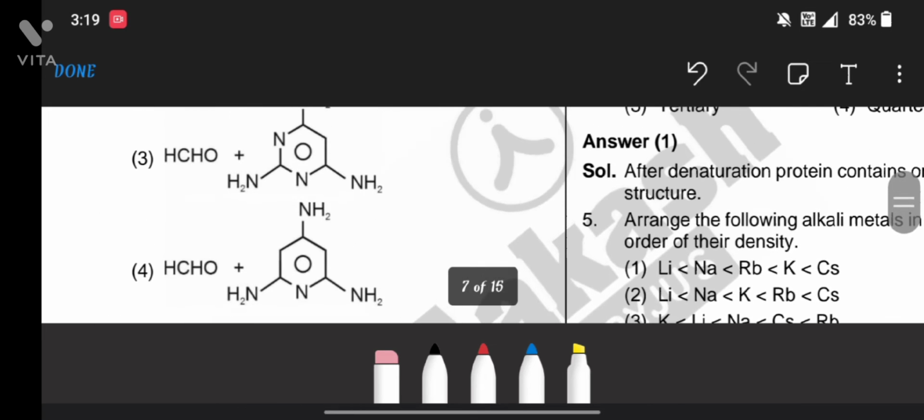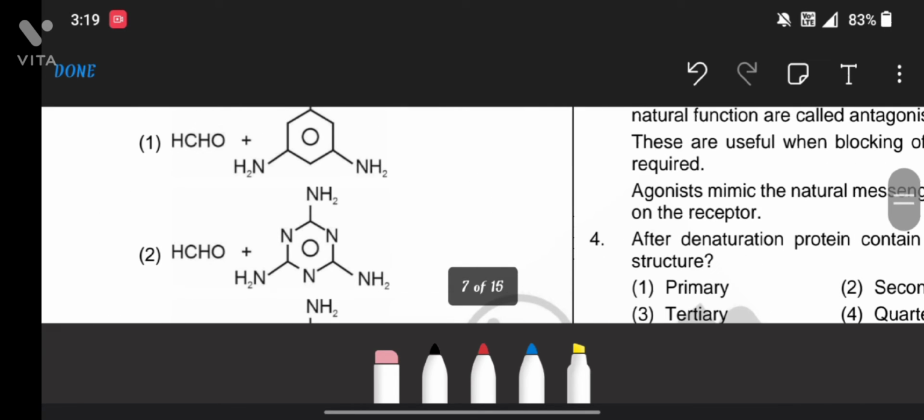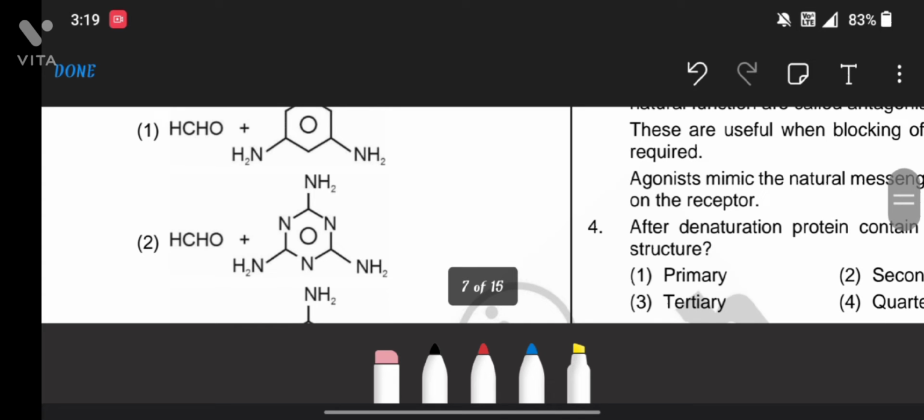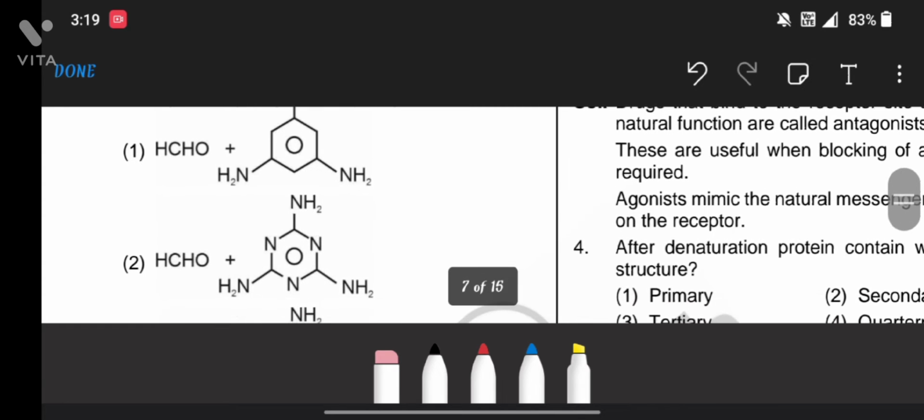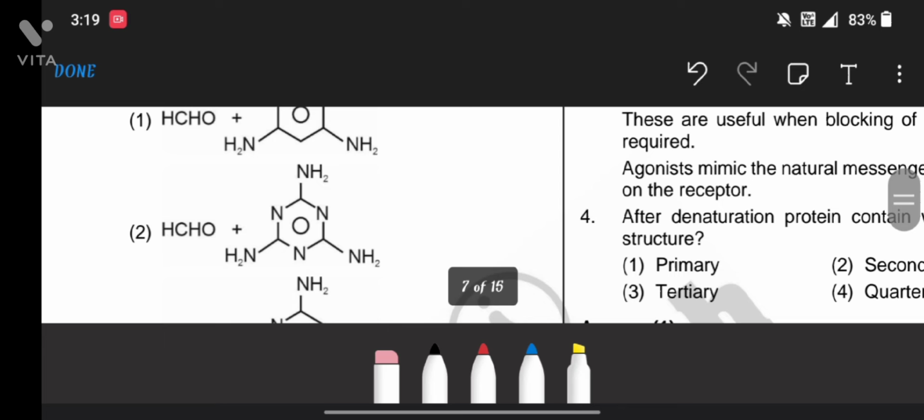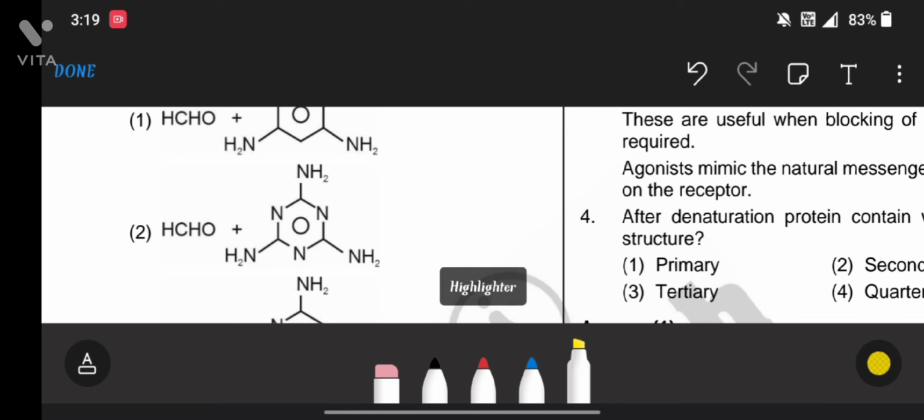Now moving on to question number 2. Here they have asked: which of the following compounds is not a photochemical smoke component?